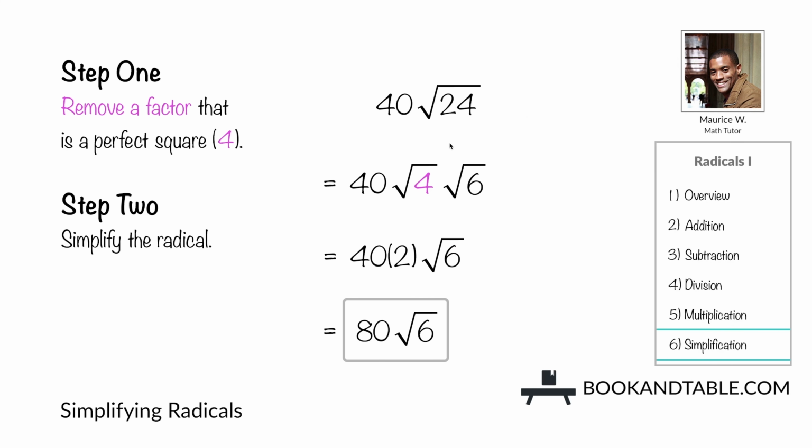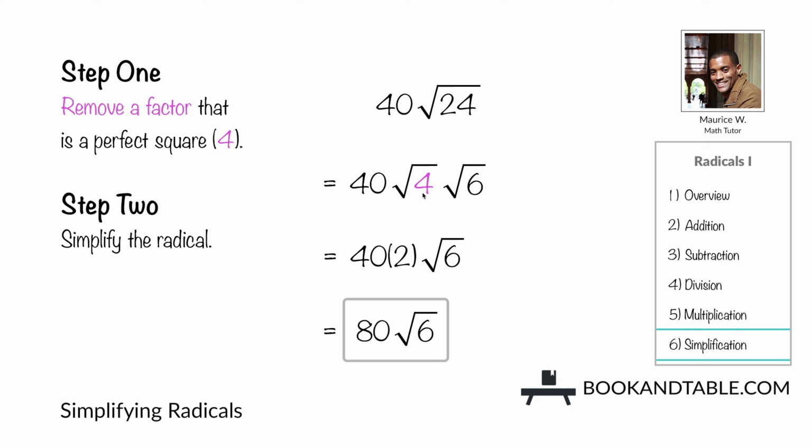Now, in the previous example that we saw a few moments ago, we had 40 radical 24. If we wanted to simplify a radical, step 1 is to remove a factor that is a perfect square. In this case, if we're considering the factors of 24, we would have 1 times 24, which would not help us. We would have 2 times 12, but 12 is not a perfect square.